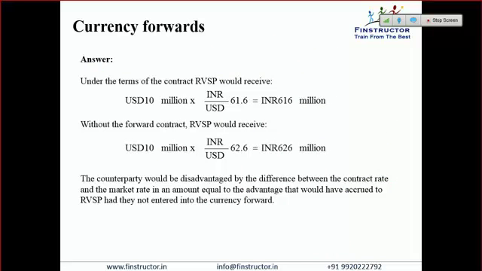So in this case, he would receive 616 million. Without the contract, he would have received 626 million, or you can say there is a loss of 10 million INR. That is the difference between the two.